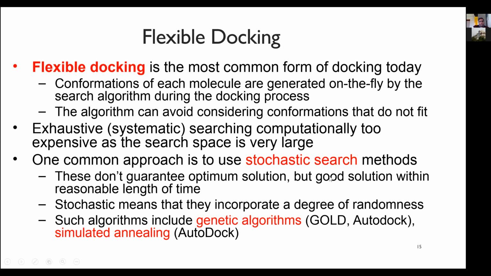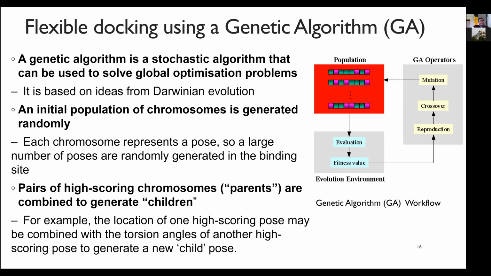Now let us see what is genetic algorithm and what is simulated annealing. Now, genetic algorithm is dependent upon the Darwinian evolution theory. Now, what is Darwinian evolutionary theory? For example, at any time, a population will have a random number of people. In this case, we start up with a random number of poses, and you score those poses, and you identify the top scoring poses.